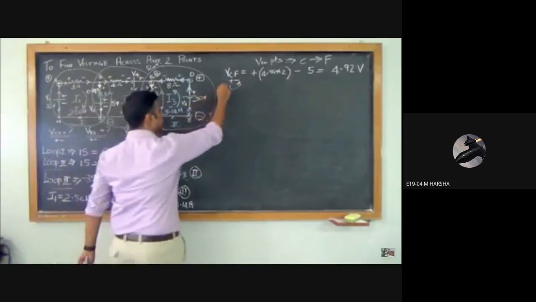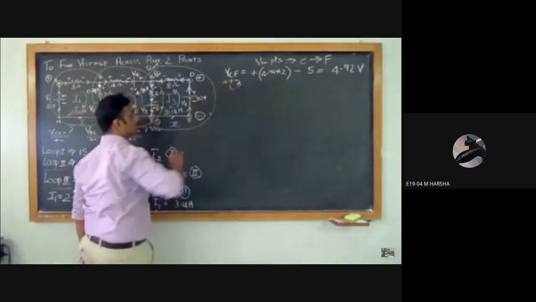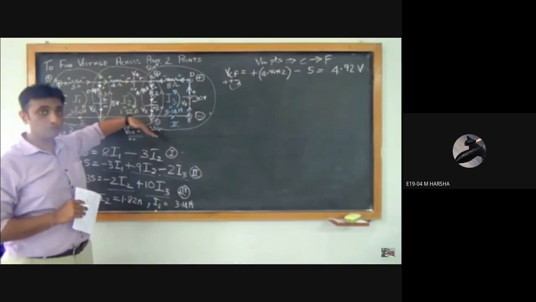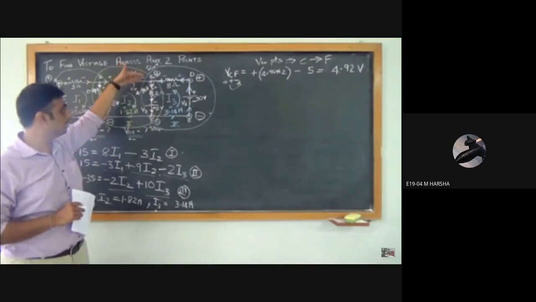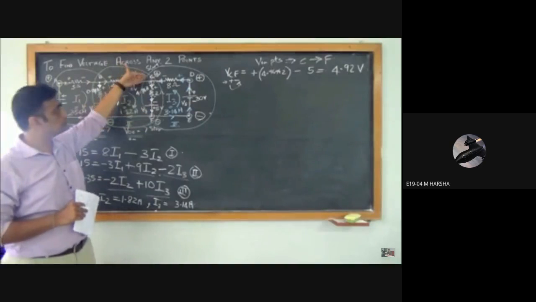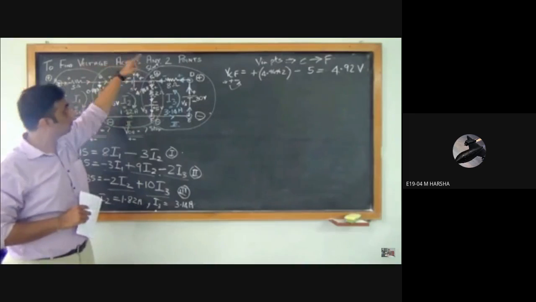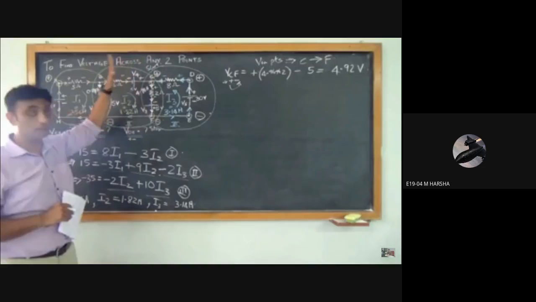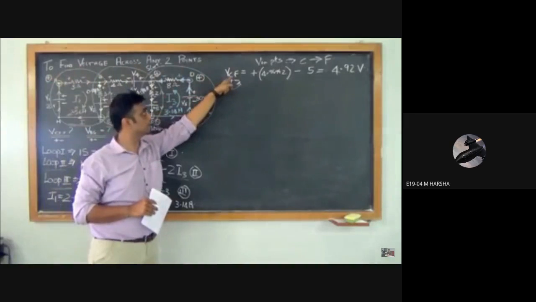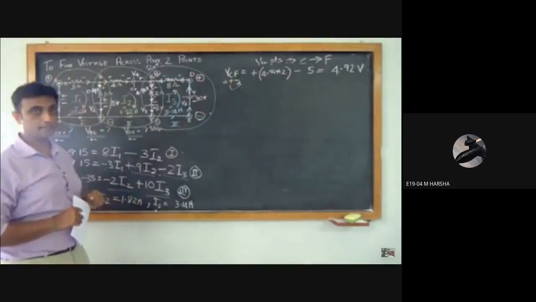So you have to remember that your first terminal is your positive and your second is your negative. No matter which side you start, you may start from C and end up at F, or you can start at F and end up at C. But remember the polarities. The polarity will not change. So the first point will be positive, the second point will be negative.